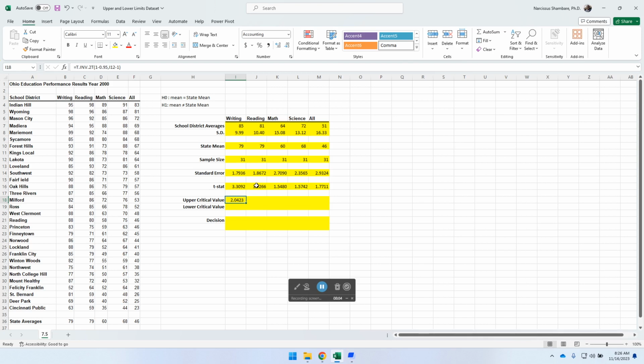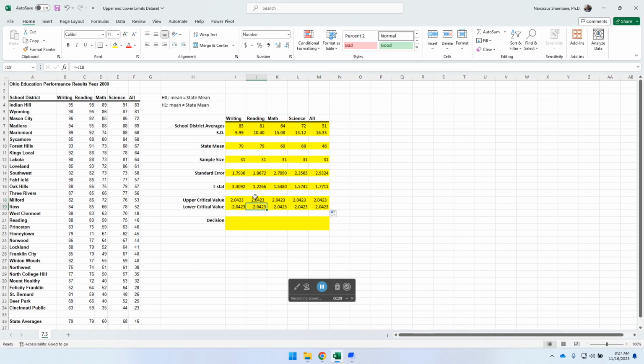You compare the absolute value of the t-statistic to these critical values. So here we don't have to recalculate this. We just say equal sign minus, and then click on that value, which means when we copy this across, the lower critical value is going to be negative.